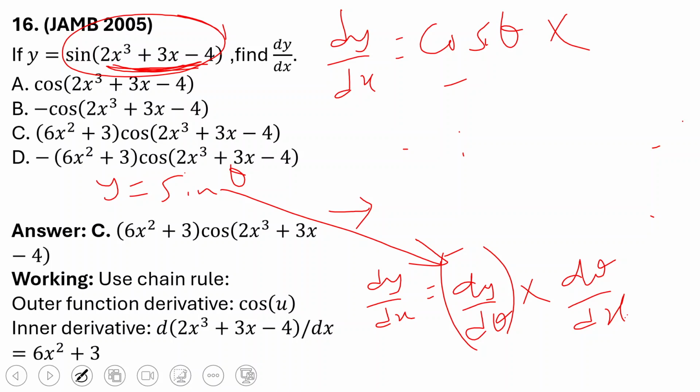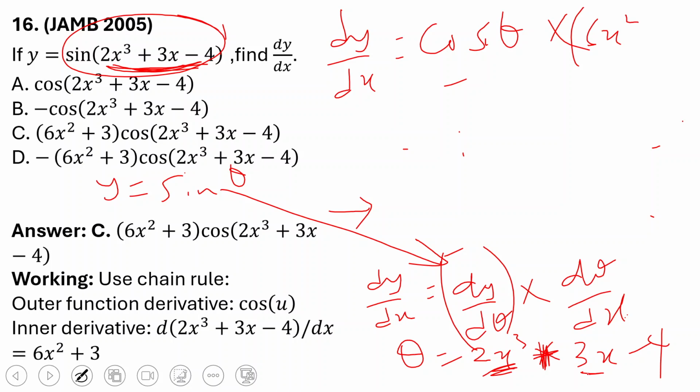Then times, for d theta/dx, recall that theta is equal to 2x cubed plus 3x minus 4. So I will differentiate this one. 3 times 2 is 6, so it's 6x squared, plus 3. That's the differential.